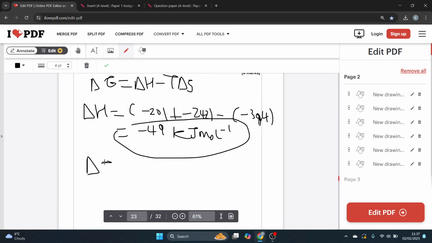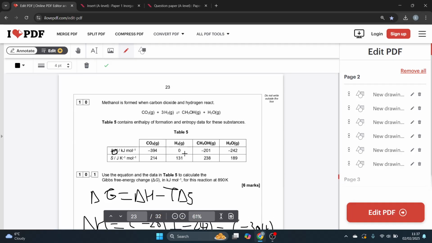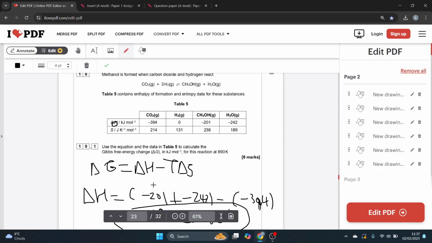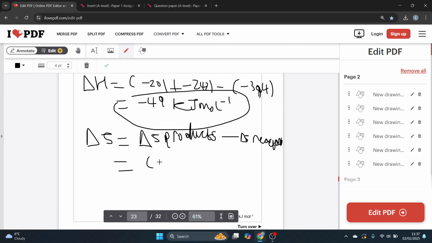Then I need to work out delta S. Delta S is entropy of products minus entropy of reactants. Obviously I'm going to show all my working because it is 6 marks.